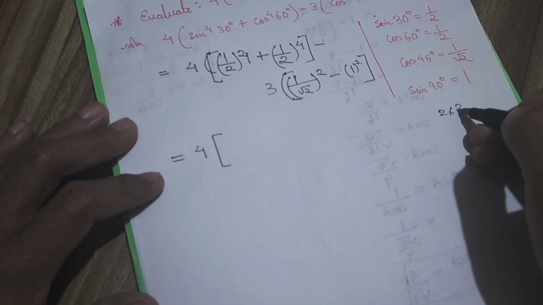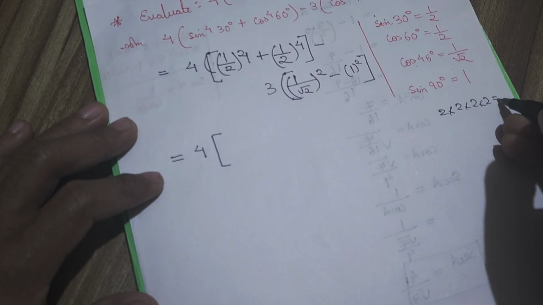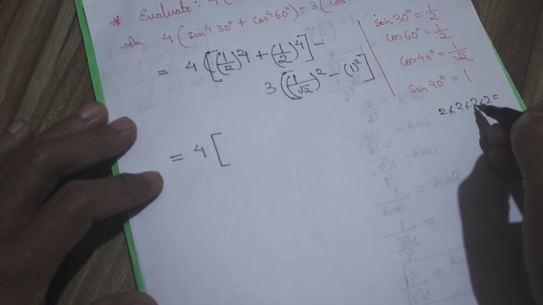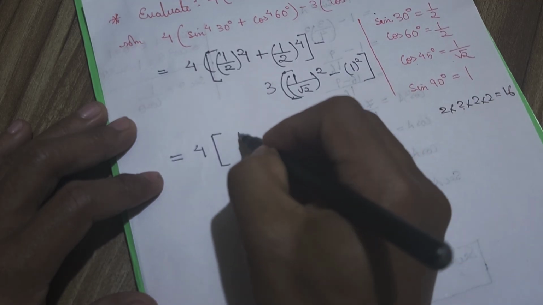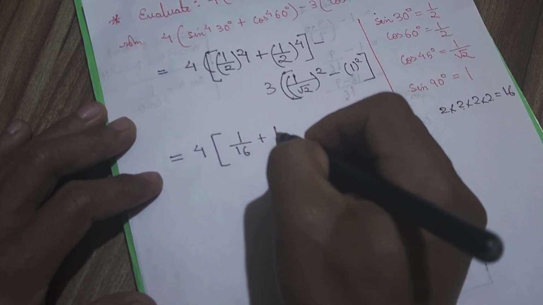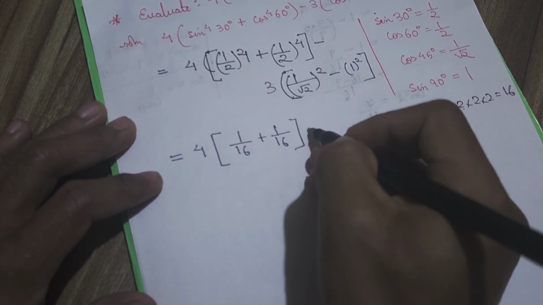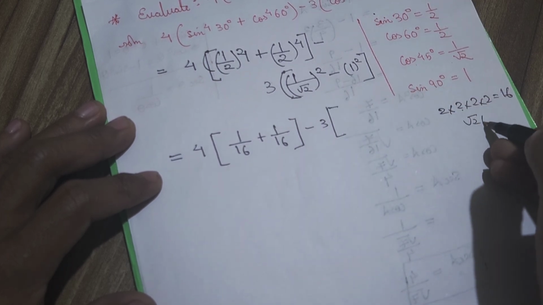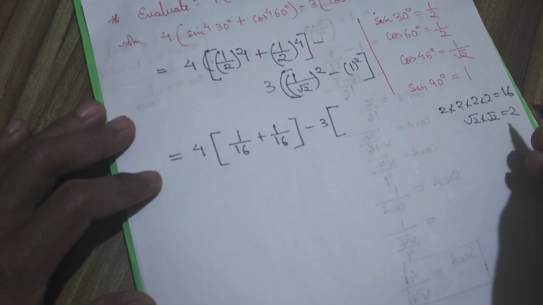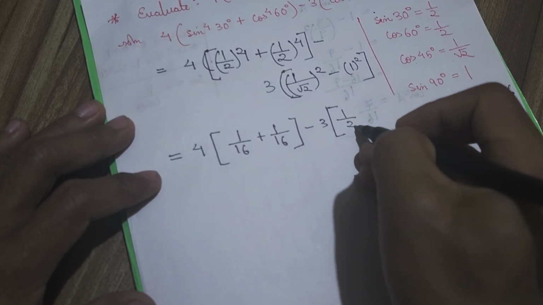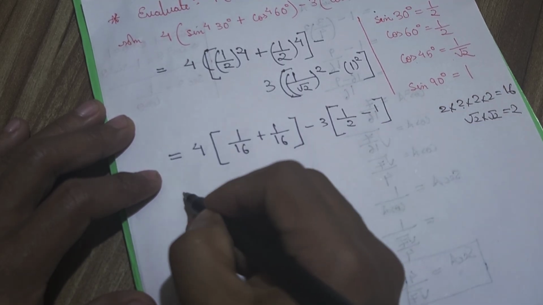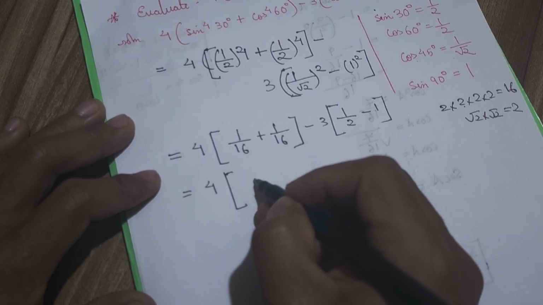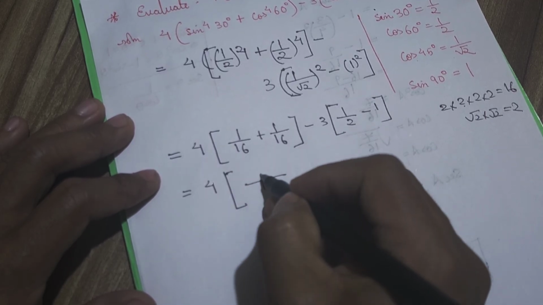Next, 4, 2 into 2 into 2 into 2, which is 2 to the 4, which is 16. So 1 by 16 plus 1 by 16, minus 3 (root over 2 into root over 2 is equal to 2), so 1 by 2, minus 1. 1 by 16 plus 1 by 16, 1 plus 1 is 2.